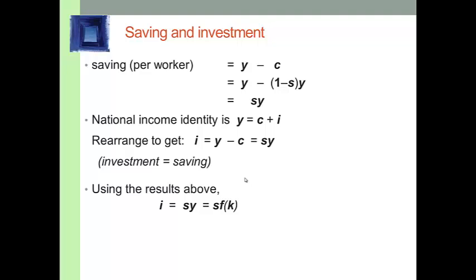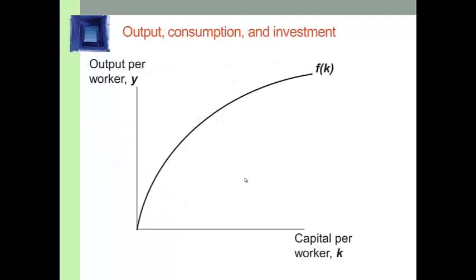Now we can plot all those components of our Solow framework. That is, we can plot our production function, the consumption function, and the investment function on a simple graph.